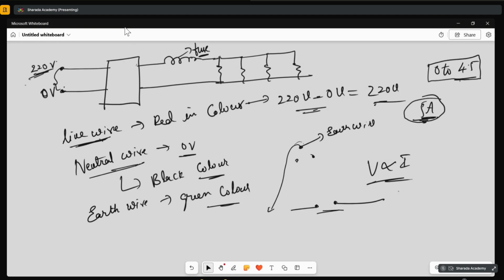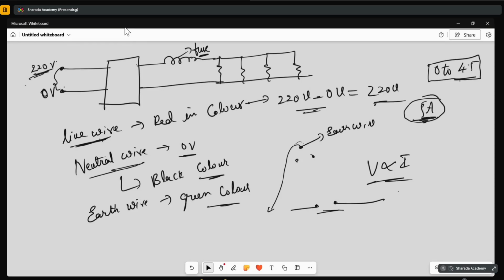So if you are using a wire which can take the load of maybe 1 kilowatt, but you are using 2 kilowatts or 3 kilowatts, then it is overloaded. Okay, then what happens? It may catch fire.